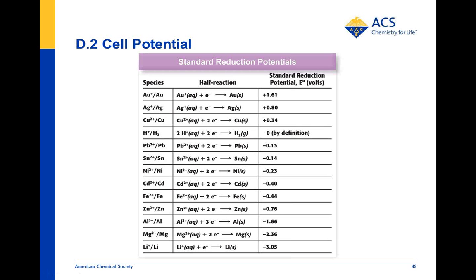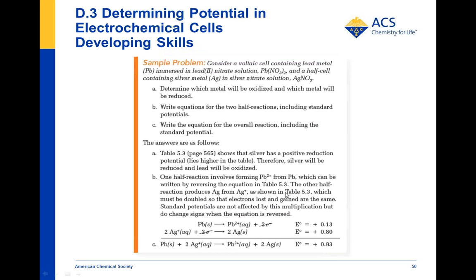We not only have the half reactions, but now we have the electrode potentials measured, and so they can start to see how reactive and non-reactive metals compare in the standard reduction potential. And in D3, we use that information in calculating the potential in electrochemical cells.